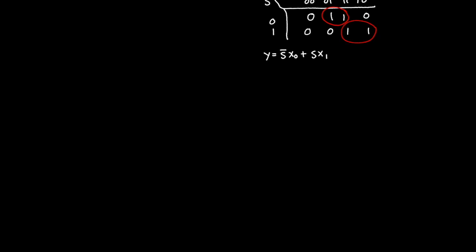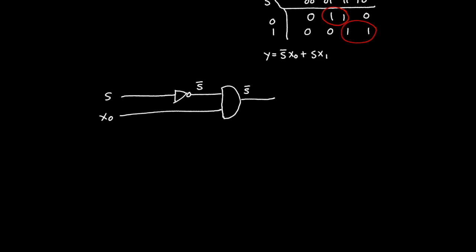And if we were going to draw this as a gate level schematic, it would look like this. So I would have S, and I would have this signal over here would be S bar, and I would have X0. And this expression over here would be S bar and X0.